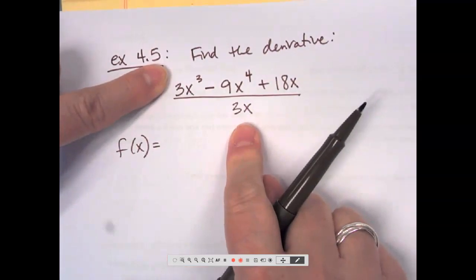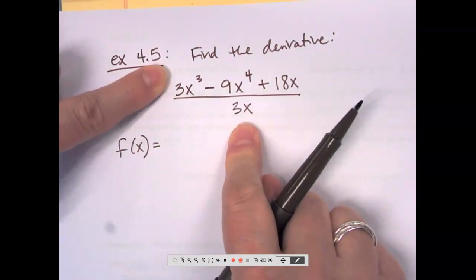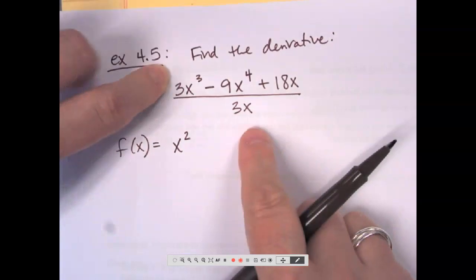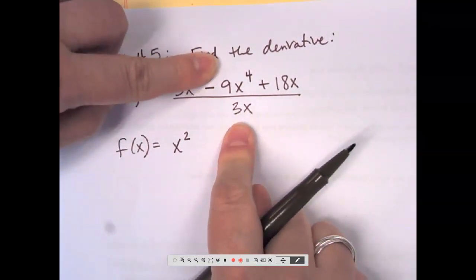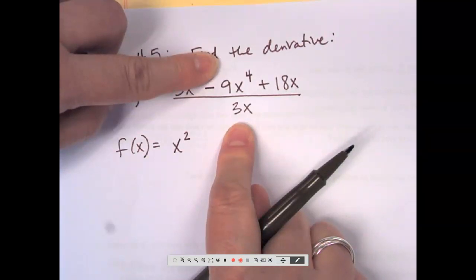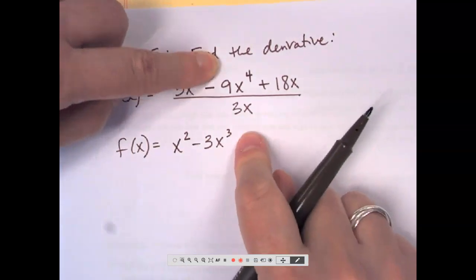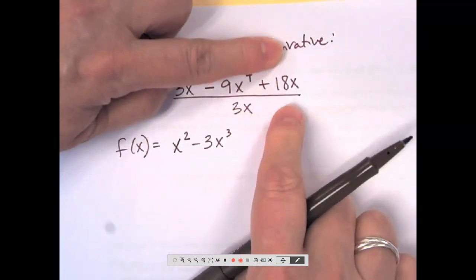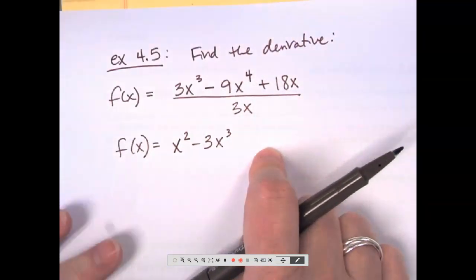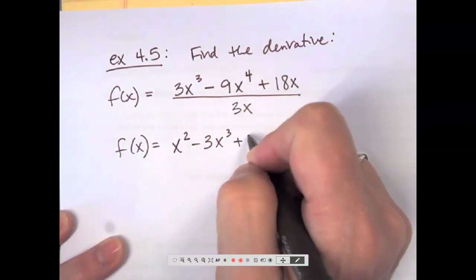So 3x cubed divided by 3x is, okay, go on, do the next one. Minus 3x cubed. Is that what you said, John? Okay, 18x divided by 3x plus 6.